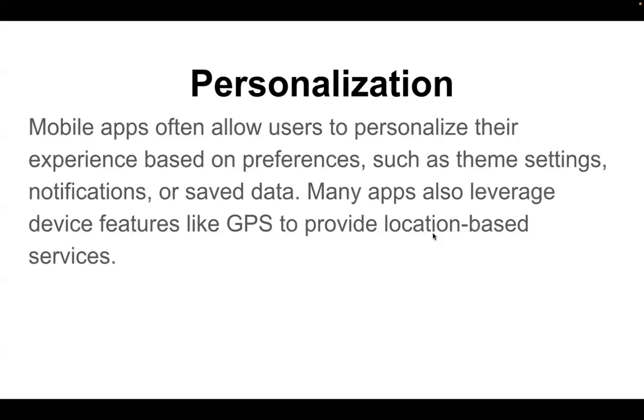If you don't want to use it, you can easily personalize it and disable the location services based on your user requirement. If you want to enable it, you can enable it, and that app will automatically get the details from our mobile apps.